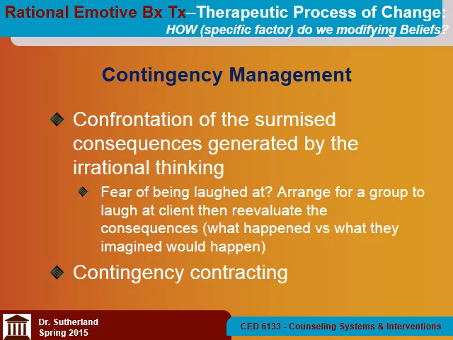And then contingency contracting is also a form of contingency management, and that is, for example, if you have a client that fails to do homework, which is a big part of REBT, then you find something aversive to the client, and you use that. So, for example, I think in the text it talked about someone who might have been a Republican or an independent and didn't like Democrats, let's just say.